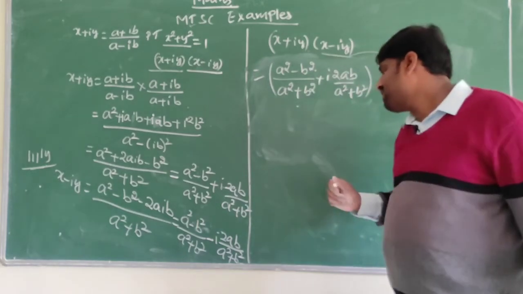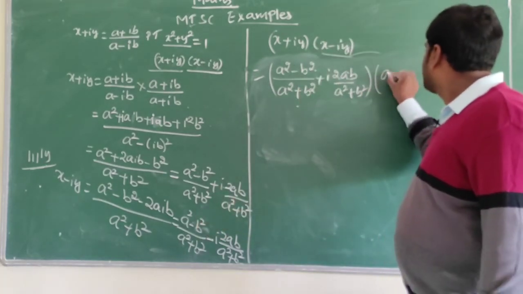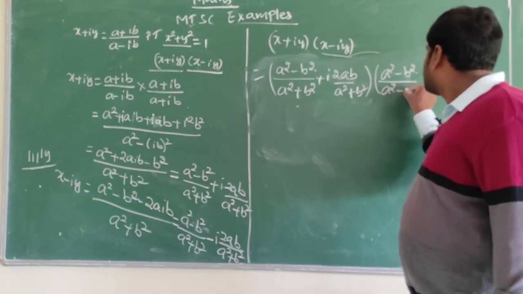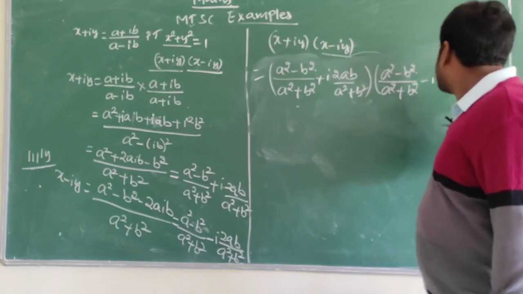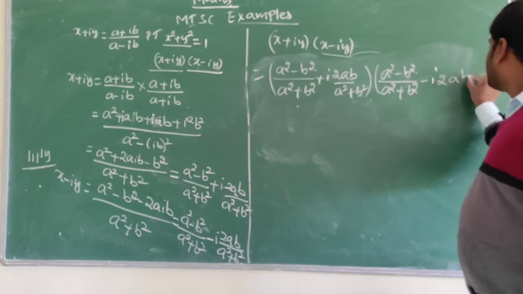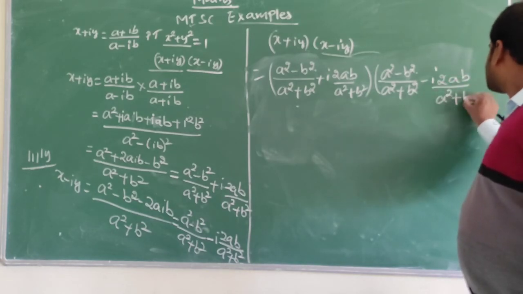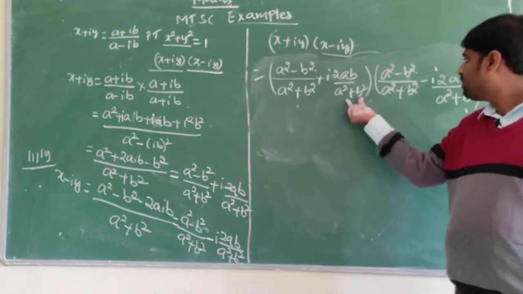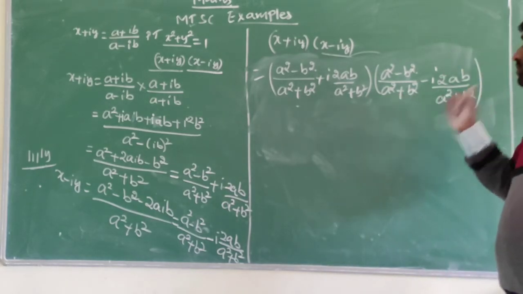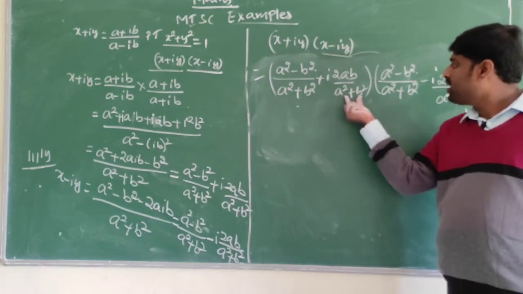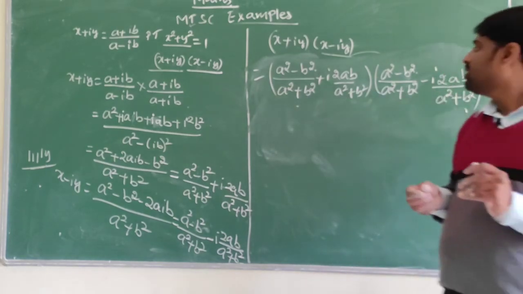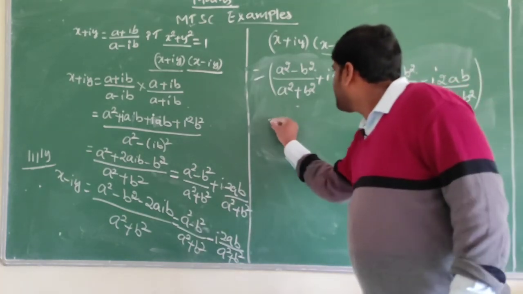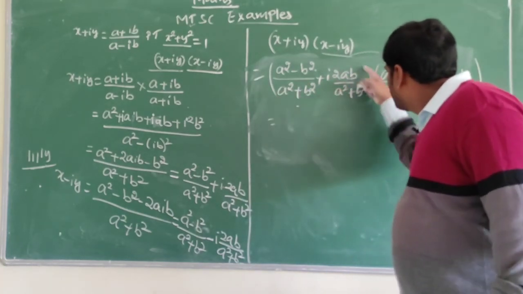So x minus iy is (a square minus b square) divided by (a square plus b square) minus i 2ab divided by (a square plus b square). It is of the form (a plus b) into (a minus b), and (a plus b) into (a minus b) is a square minus b square, where a is this and b is this full value.